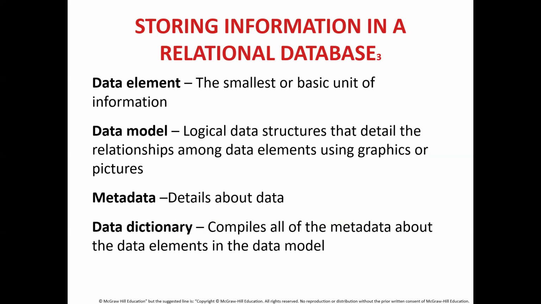Metadata, details about data. Metadata is defined as the data providing information about one or more aspects of the data. It is used to summarize basic information about data, which can make it easier to track and work with specific data.